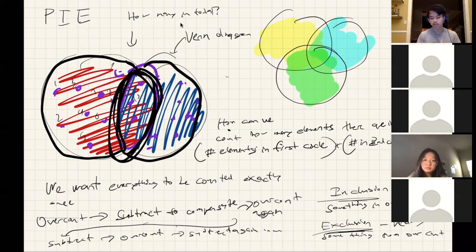So we have to subtract the number of elements in this intersection to make sure that every element in this Venn diagram is counted exactly once with no repeats, right?